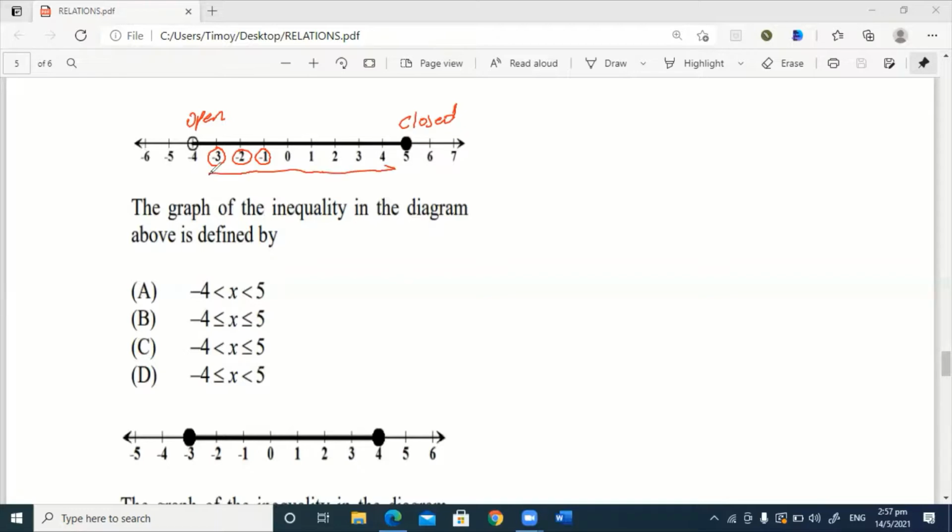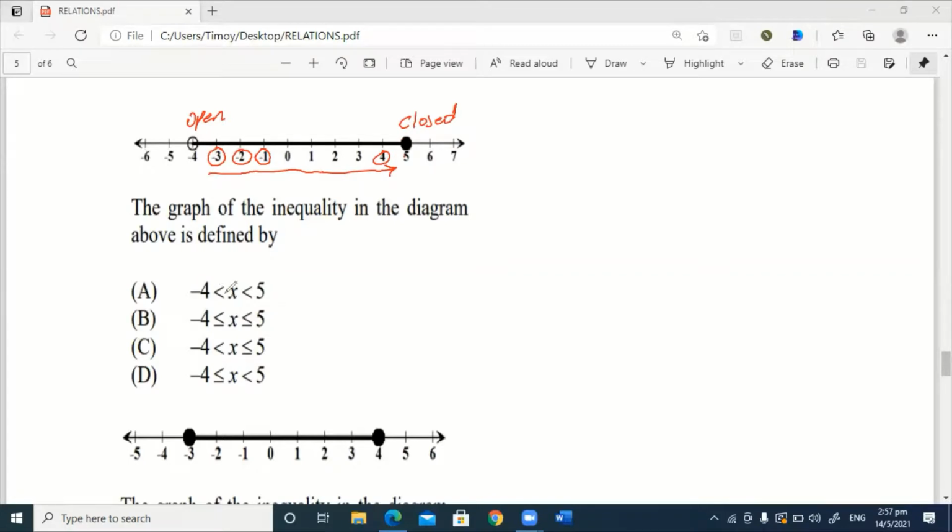But when we reach 5 now, you can see that 5 is equal to 5. But 4 now is less than 5. 3 is less than 5. So you can see the inequality coming out there. We are looking for the one that is going to say x is greater than -4.